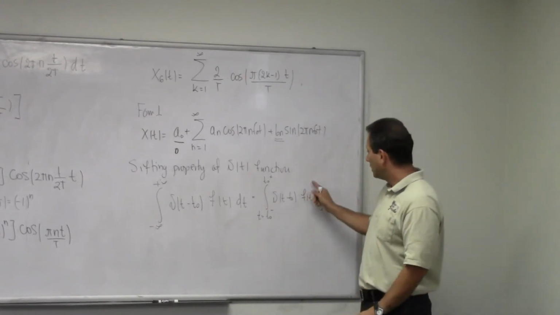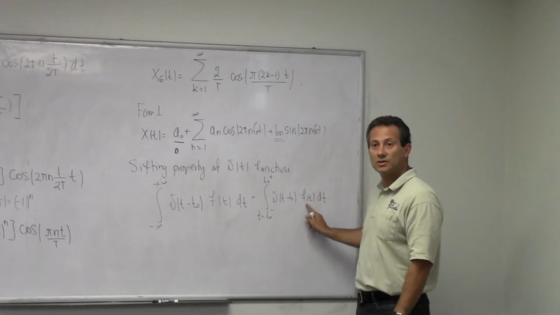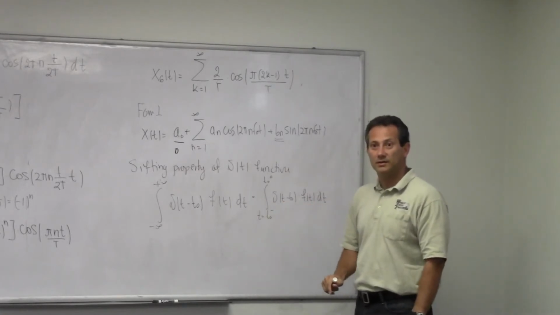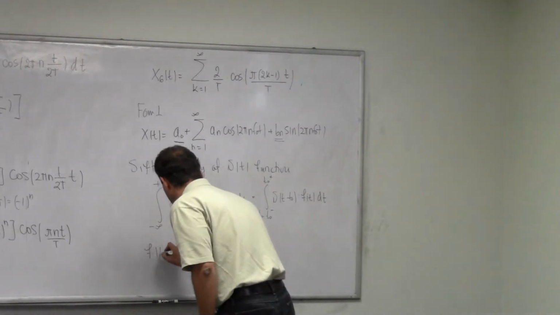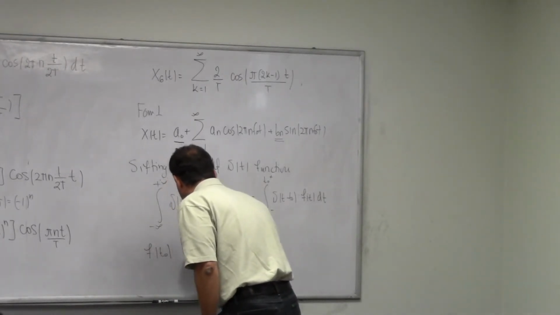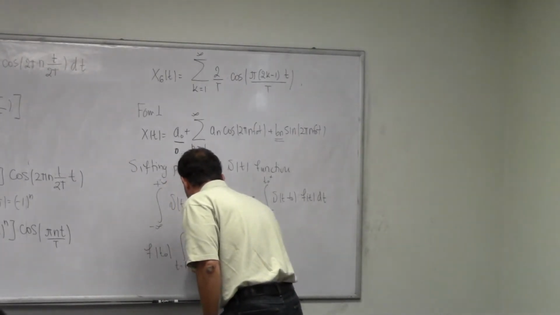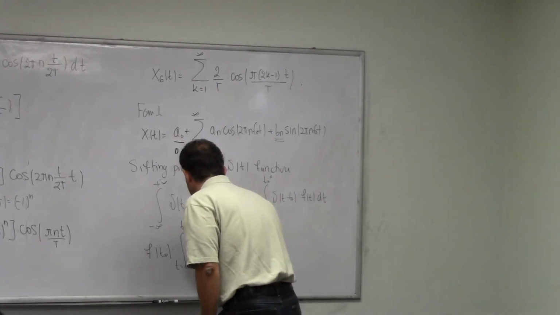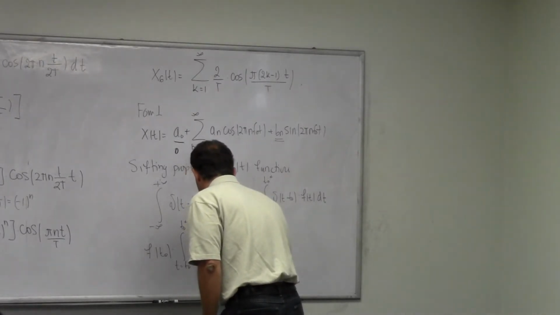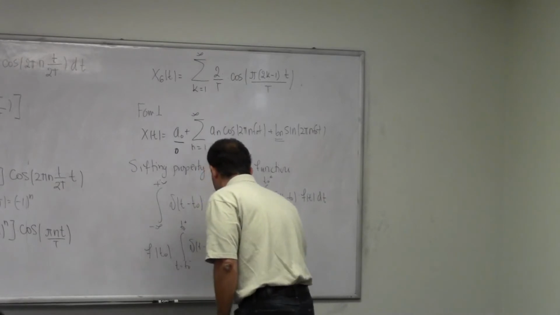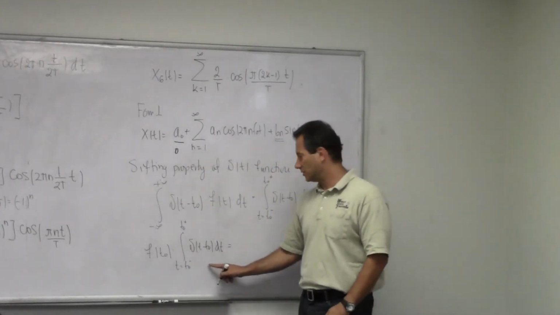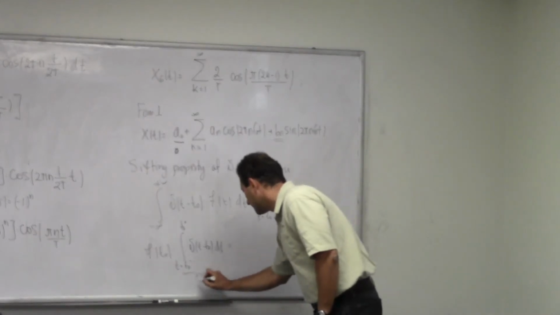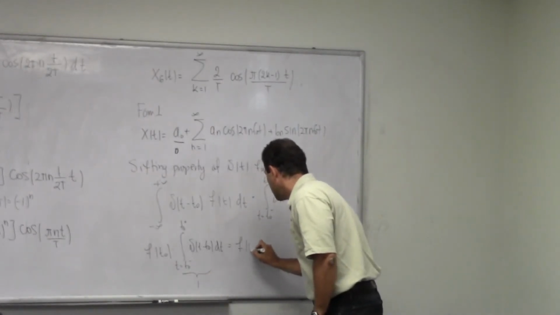So I can treat this as a constant and take it outside of the integral. And this becomes f of t0 times the integral for t from t0 minus to t0 plus of delta of t minus t0 dt. What's the value of this integral? This is the area under the delta function, so this is 1. So this is f of t0.